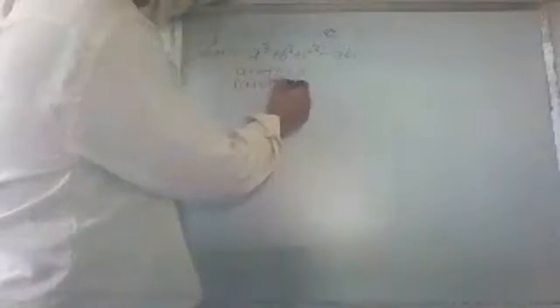Cube both sides: a plus b whole cube is minus c cube, so a cube plus b cube plus 3ab times a plus b is equal to minus c cube.